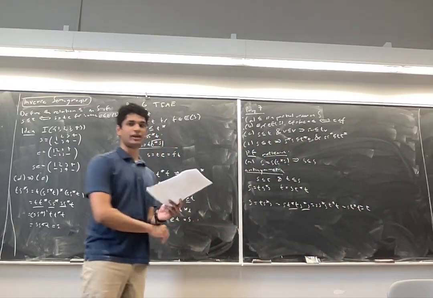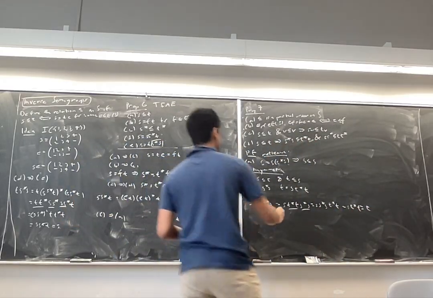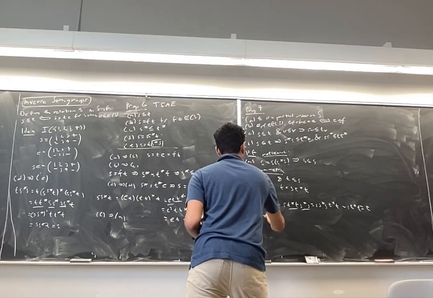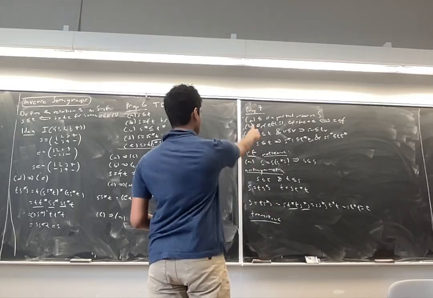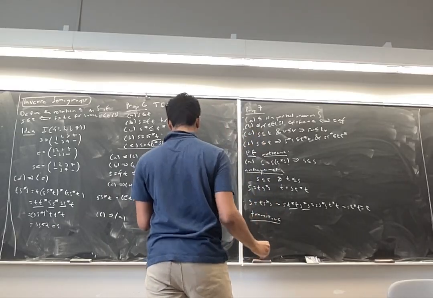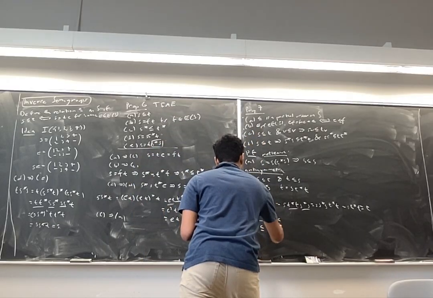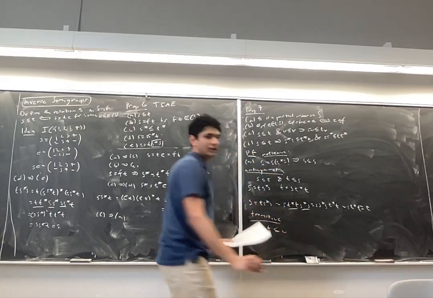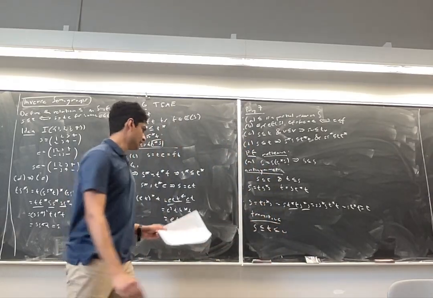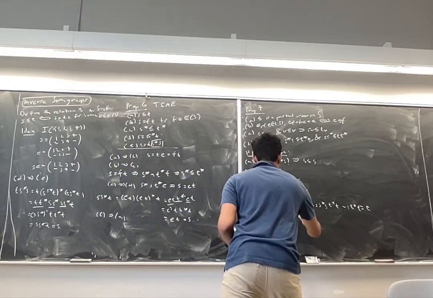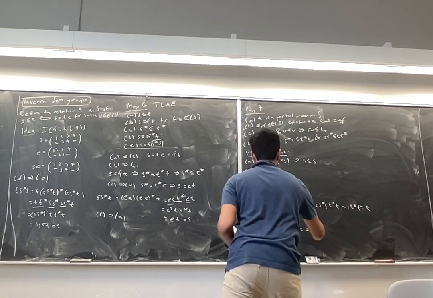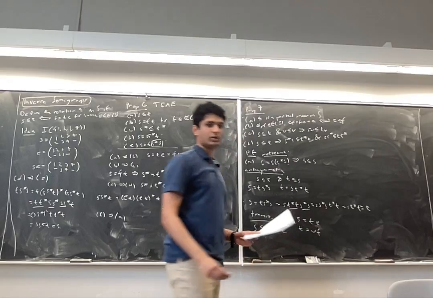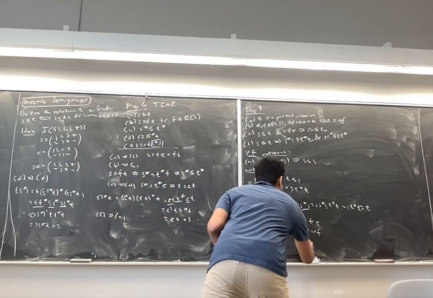And finally, we have to show transitive. So for transitive, I have to show that if S is less than or equal to T is less than or equal to U, then S is less than or equal to U. So here I'll have S is equal to T e, and T is equal to U f, for some idempotents e and f.